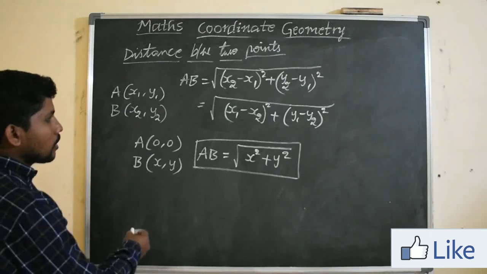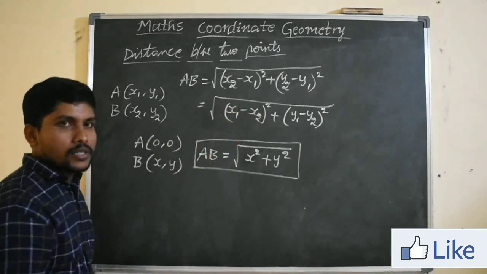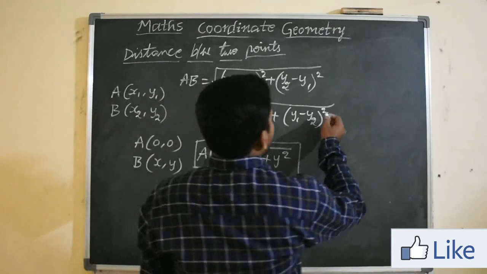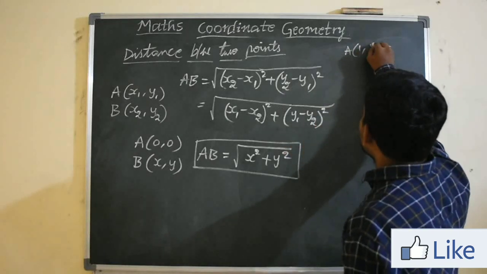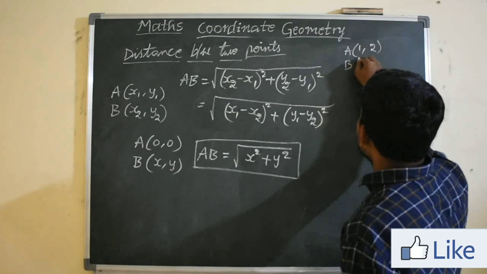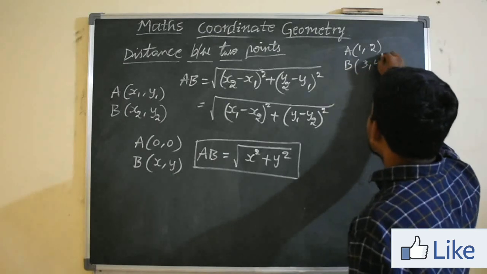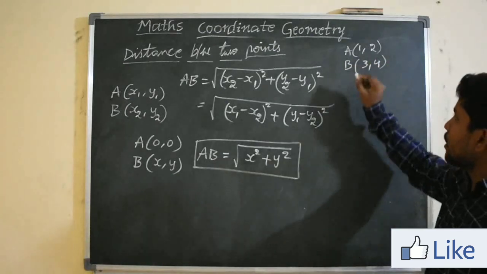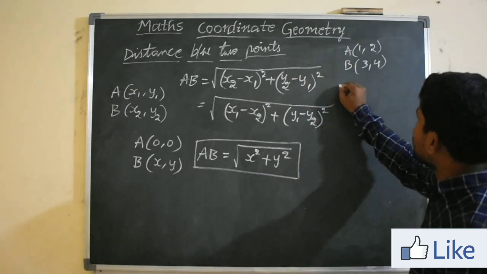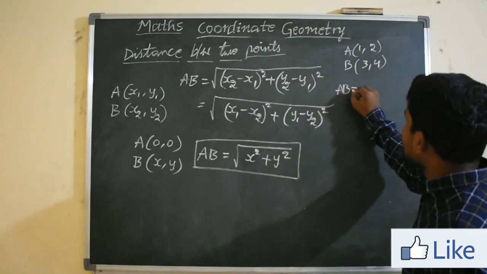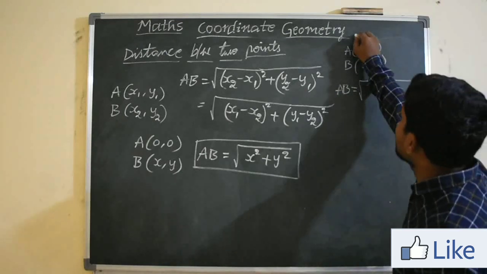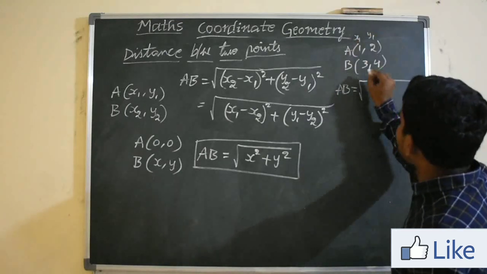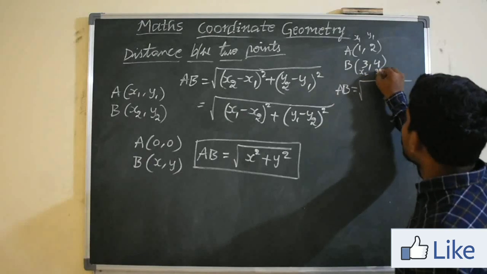Now we will see one problem based on the distance between 2 points. If the point A is 1 comma 2 and point B is 3 comma 4, applying the first formula, AB is equal to under root of, this is x1 y1, this is x2 y2.